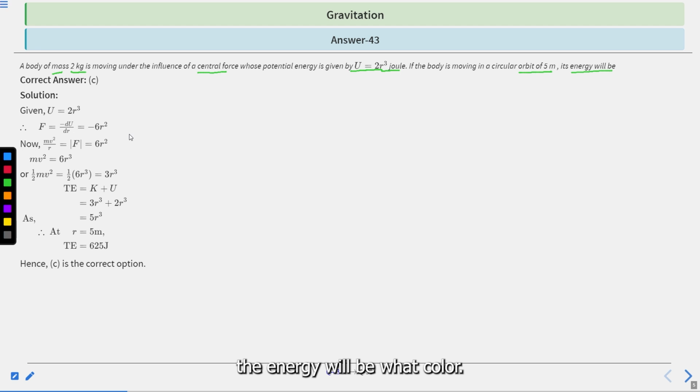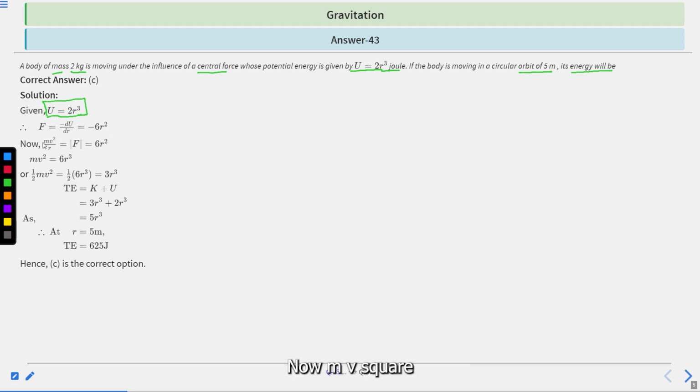We know that F equal to minus dU upon dr. Putting the value of U and differentiating, 3 power comes and multiplies with 2, and the remaining is r square, so F equal to minus 6r square.